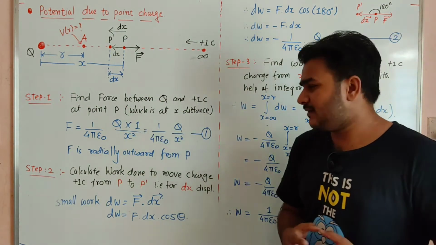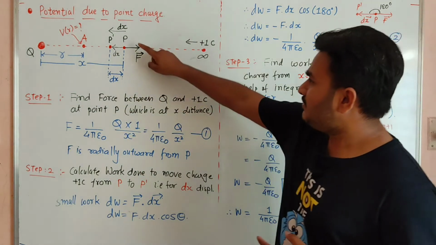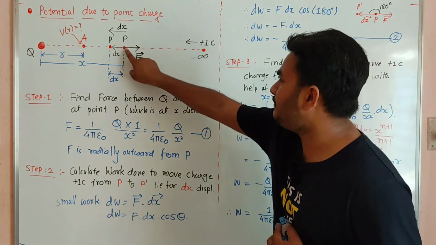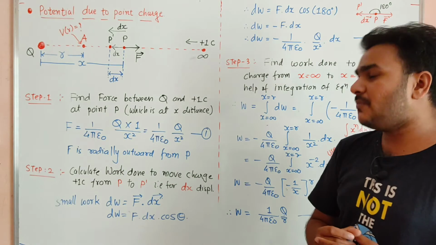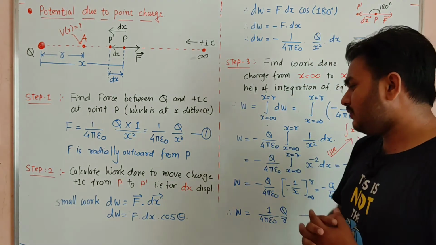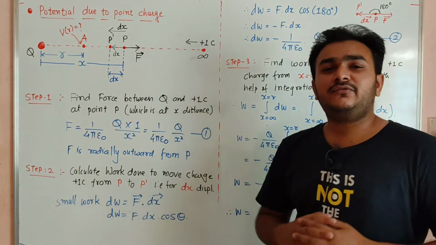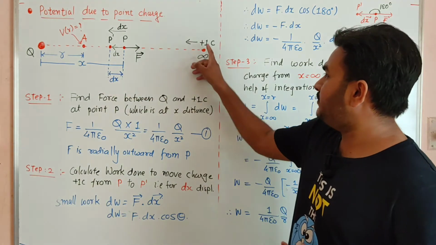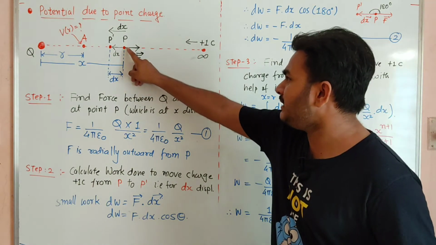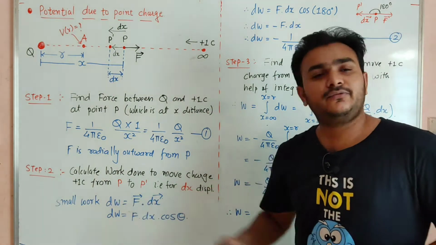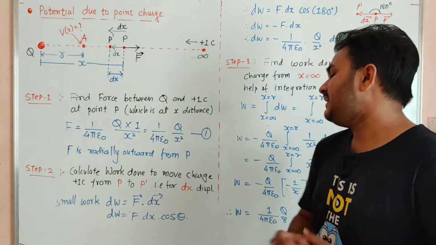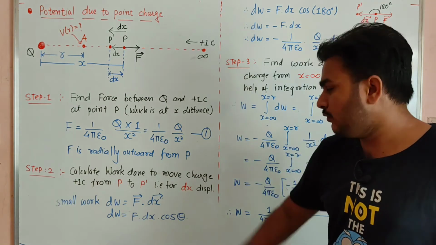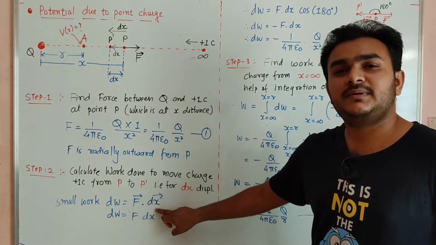Now in the second step, let us move the 1 coulomb charge from point P to P prime with a small displacement dx. Let us find the work done to move a plus 1 coulomb charge from P to P prime. The small work done for displacement dx is given by dW is equal to force multiplied by displacement.